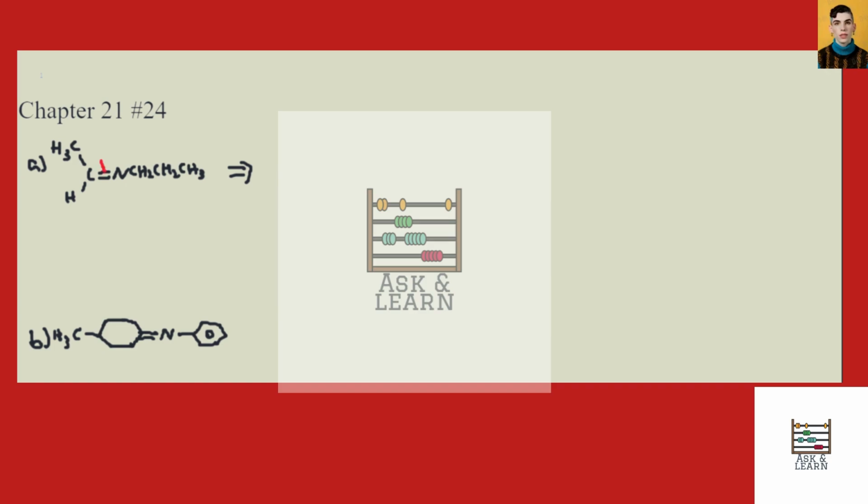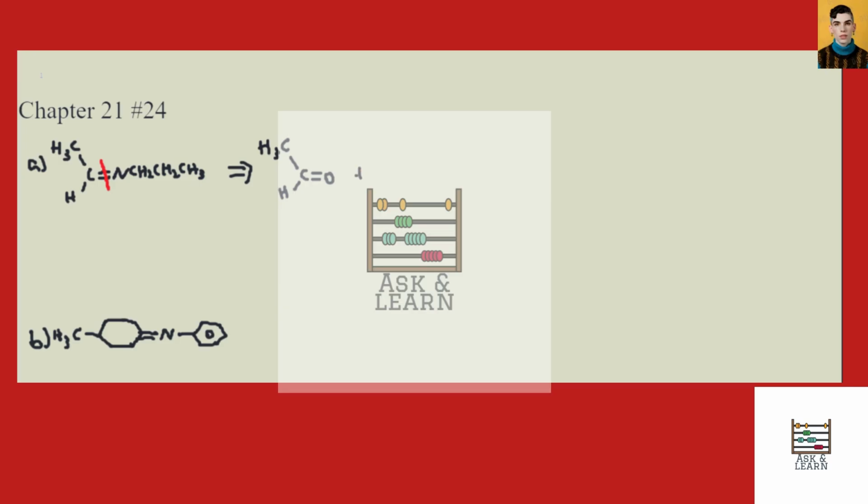And so for A, that's going to look like this. We can draw a red line there if that helps you visualize it, and then just go ahead and redraw each piece. This will be an aldehyde. As I said, we'll just take the carbon that was part of that carbon-nitrogen bond and make it a carbonyl.